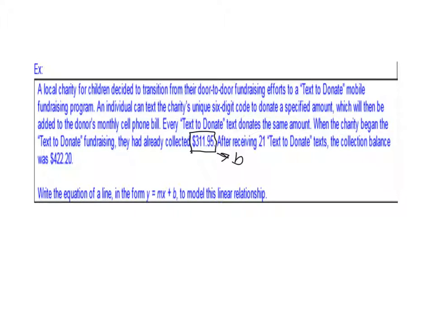And receiving 21 texts, well, let's say that the balance depends on the text amount, so let's call 21 x. And after the 21 texts, they had $422.20. So let's call that y. All right, so let's see how we will work this.